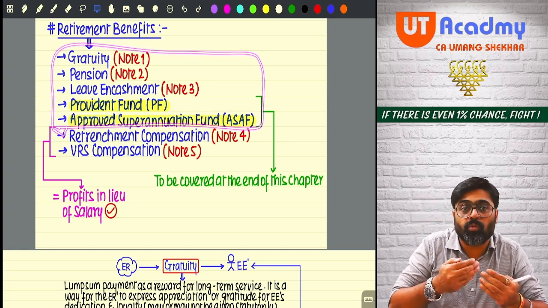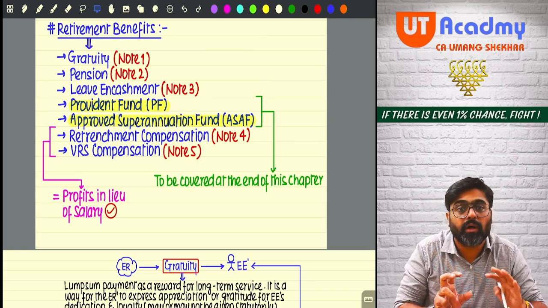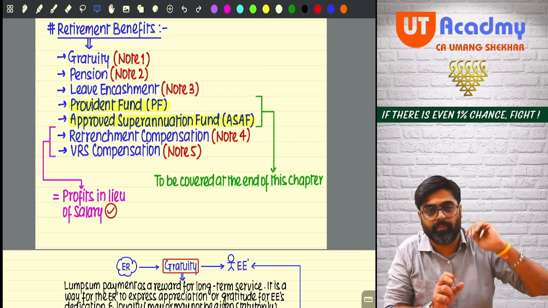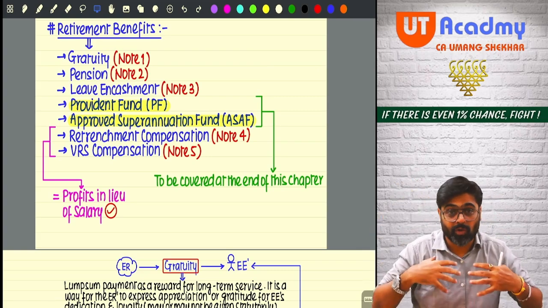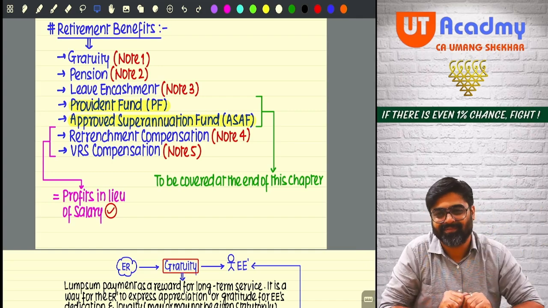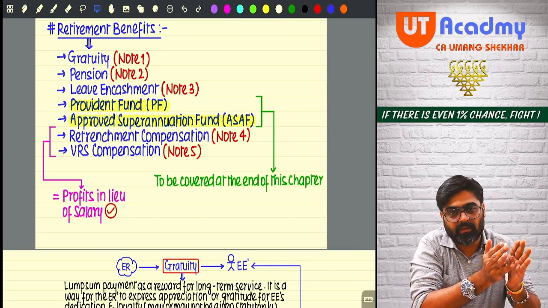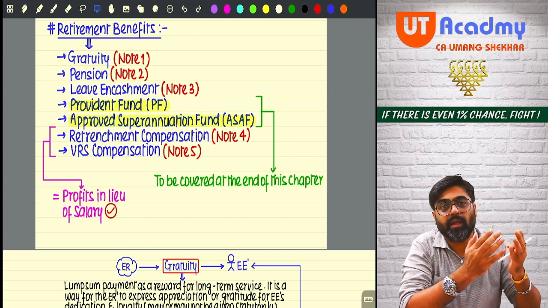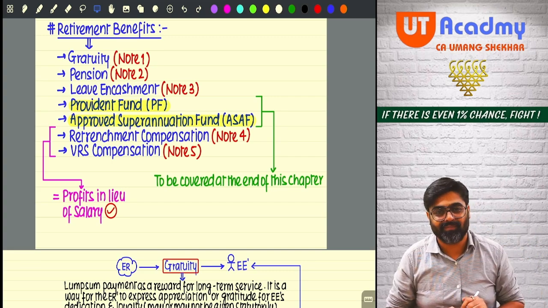But we are doing 2 more things along with retirement benefits, because these 2 amounts are also received while you leave the employment. Either you are thrown out, retrenchment, or you voluntarily throw yourself out, voluntary retirement. So when you leave the organization voluntarily or you are thrown out, that time also some amount comes to you.